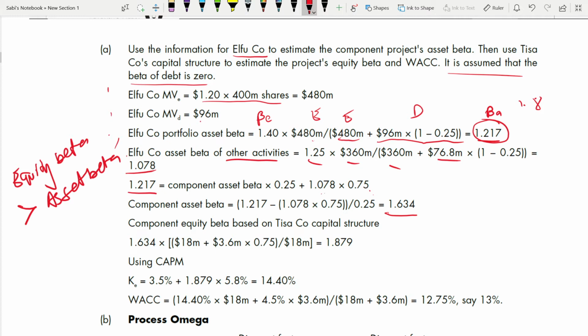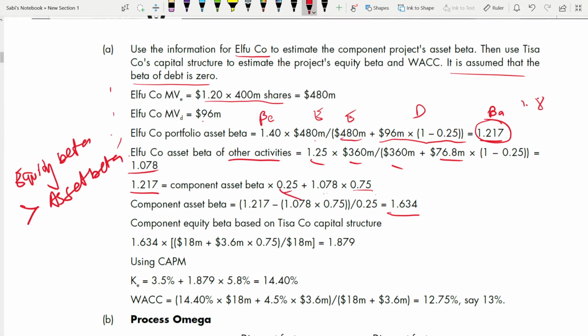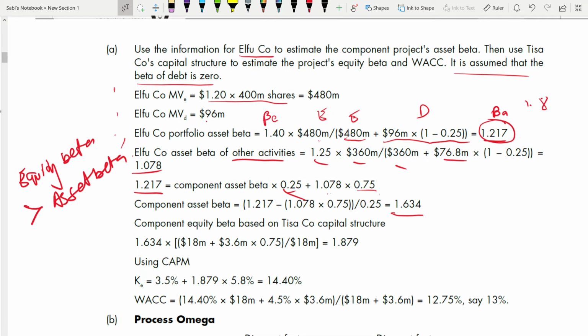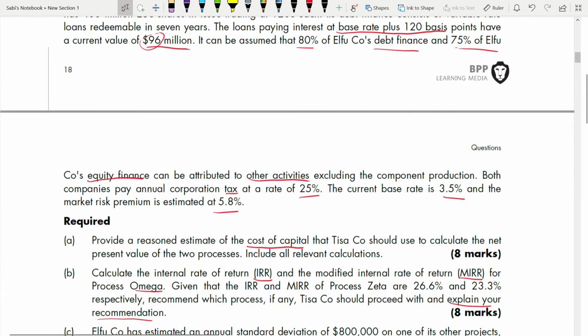But my question is, how did you get this and how did you get this? How do you know that percentage, that it is 75 and 25 only? Okay, I'm giving you 2 minutes.